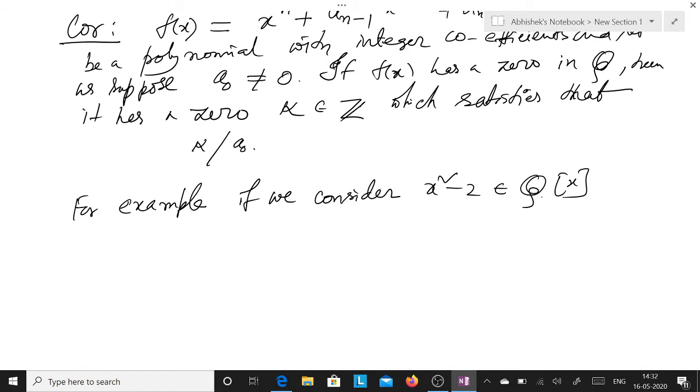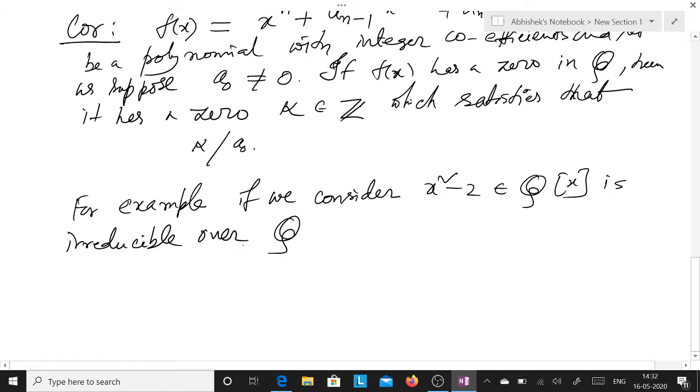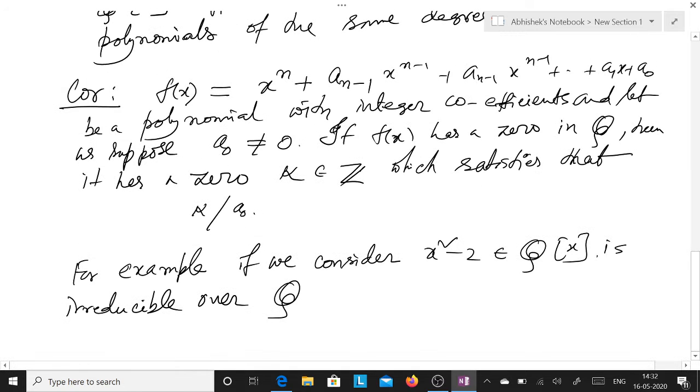Now this polynomial is irreducible over Q, and it is known to us, but we shall check the irreducibility of this polynomial over the field of rationals using the corollary that we have stated above.